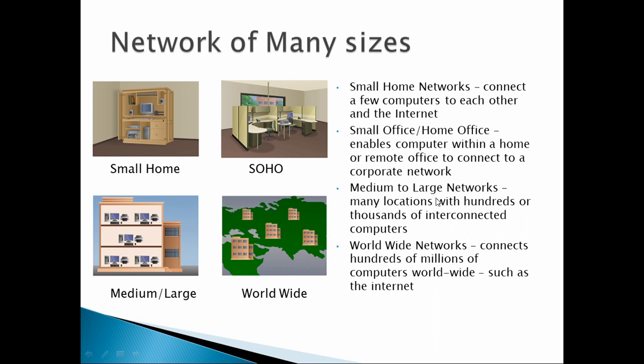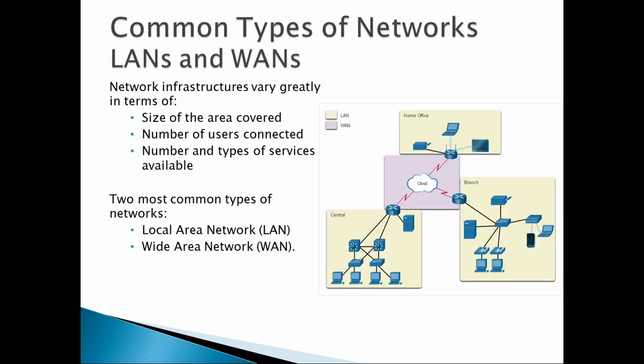Then we have medium to large networks, with many locations and hundreds or thousands of interconnected computers. Like here we have many computers which are connected with each other. Then we have worldwide networks, connecting hundreds, thousands or millions of computers worldwide, such as the internet. The internet is also a network where all the computers are connected with each other and share common data, files or videos.